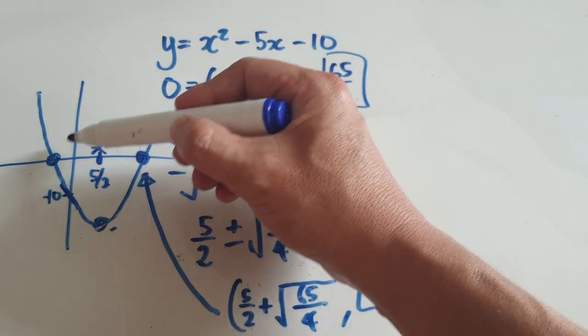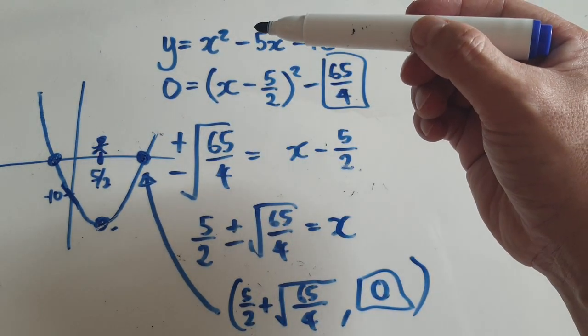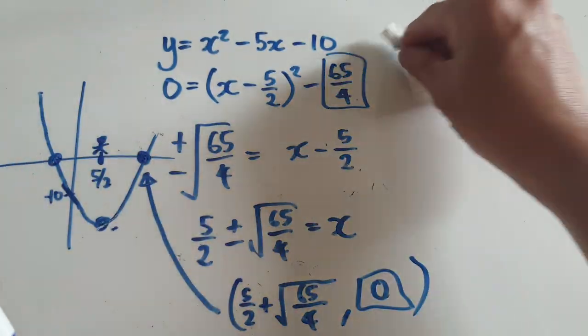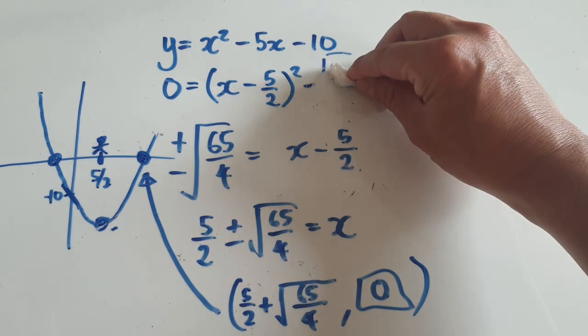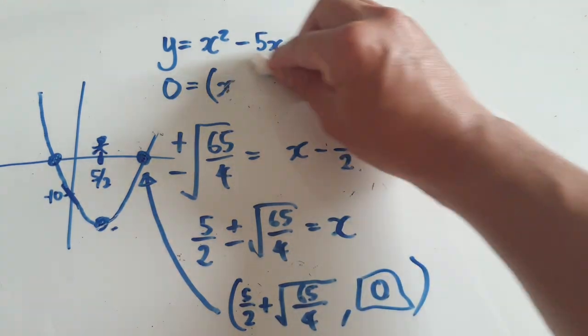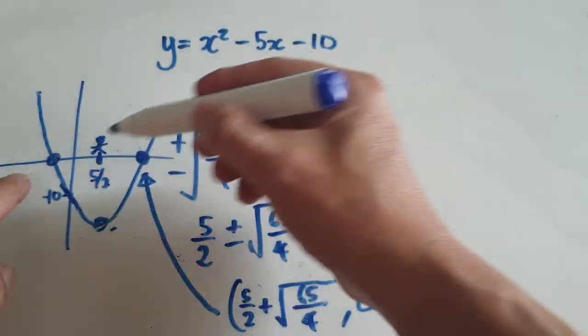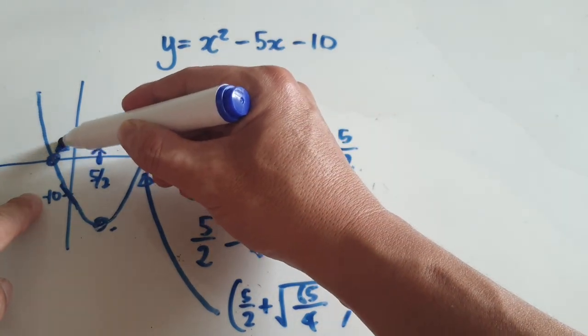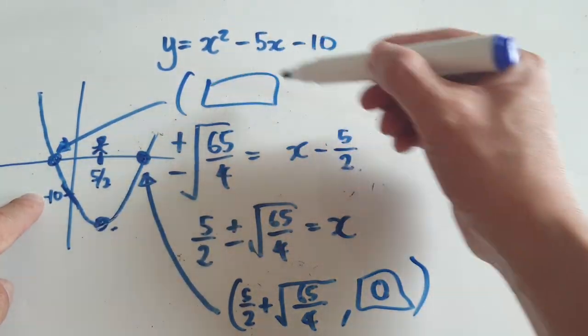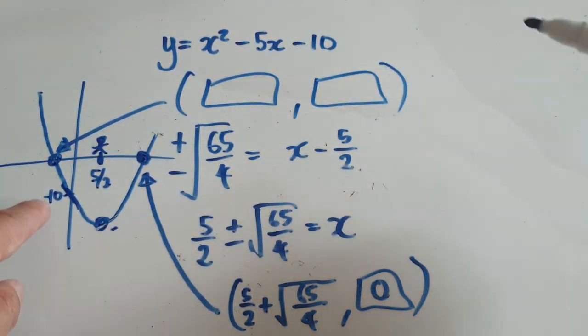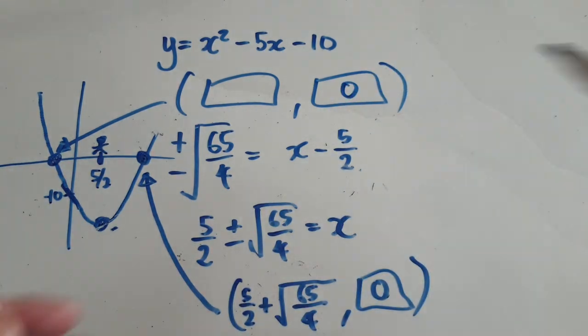And the coordinates here, hang on, let me think. Let me erase this. So the coordinates here will be something, comma something. Well, it has a height of 0, so let's put 0 in there.